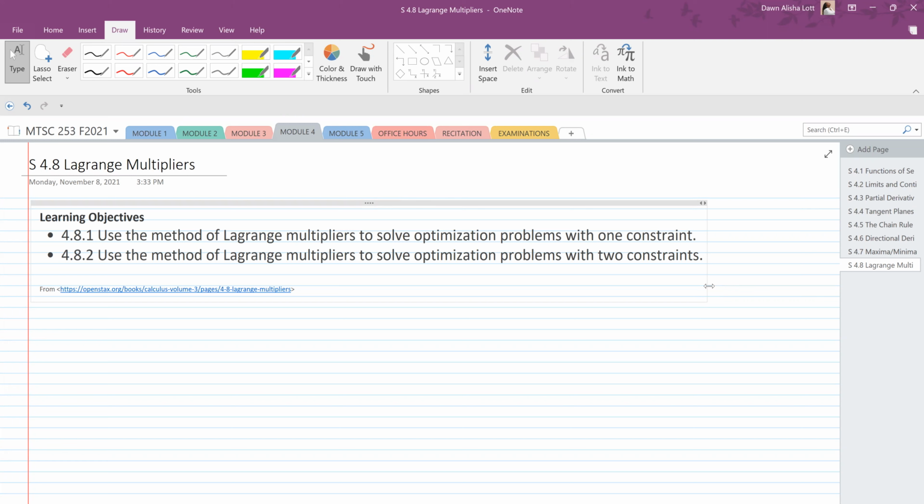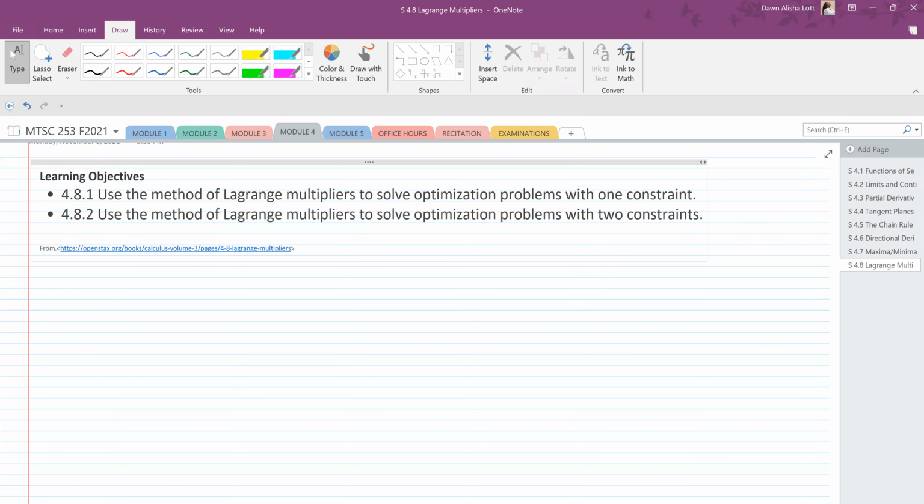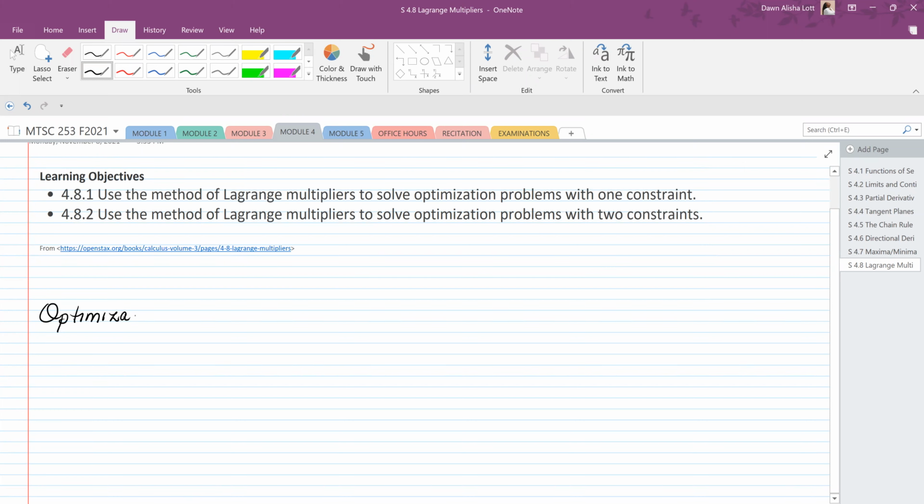All right, this is what we're doing. Again, same thing: we have an optimization problem with constraints.